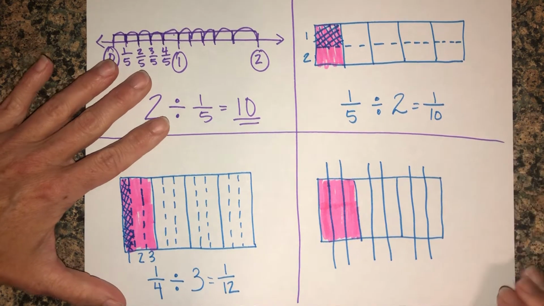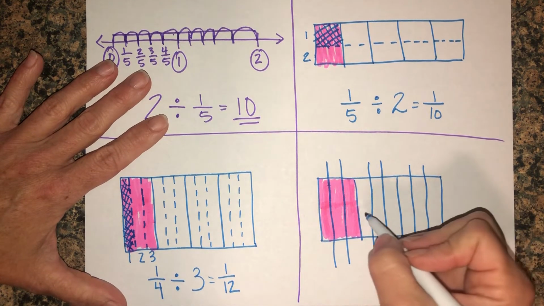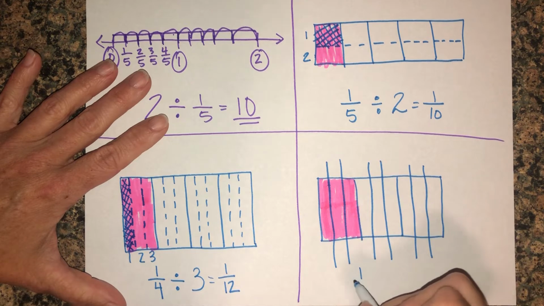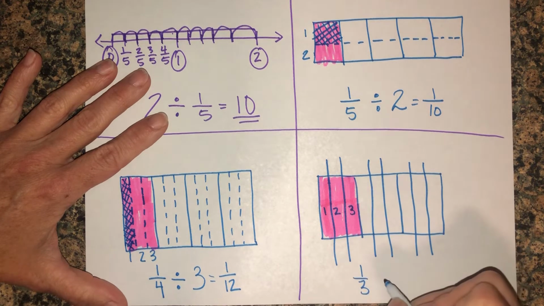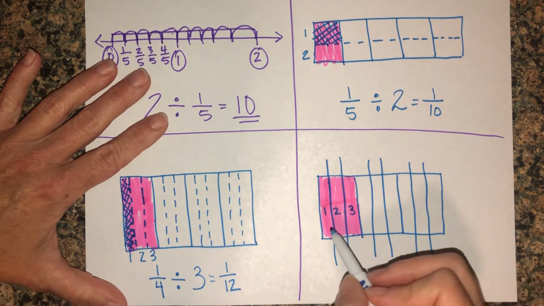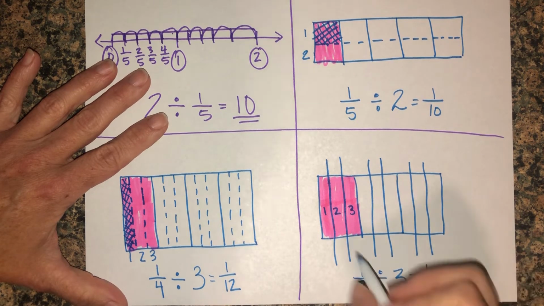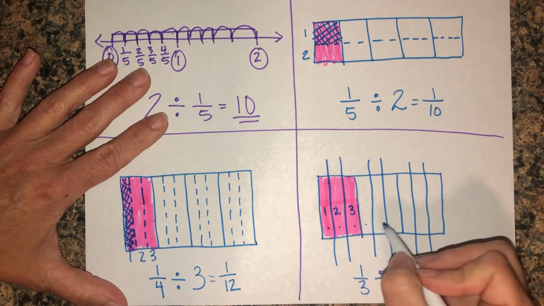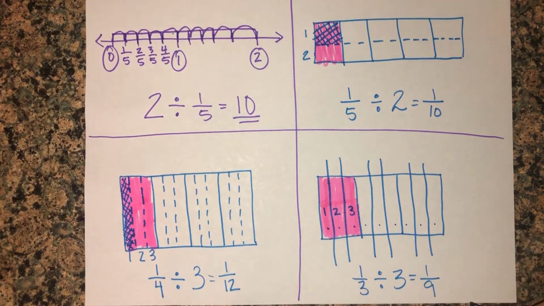But it kind of looks like a jail. Either way, you can see I started with 1/3 and I split it up into 3 pieces. And the result are 1/9 size pieces, because I have 1, 2, 3, 4, 5, 6, 7, 8, 9. And that's going to be the size of the piece.